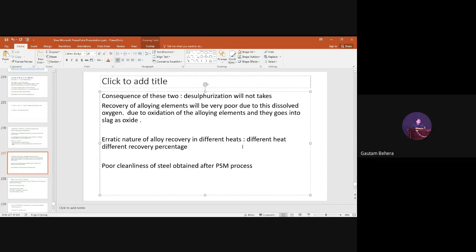It should be constant. Erratic means it is variable, basically. Then another issue is poor cleanliness of the steel obtained after the primary steel making process. Poor cleanliness of steel, you understand, means it is not clean in terms of oxygen, in terms of sulfur, right? Or in terms of any inclusions also.